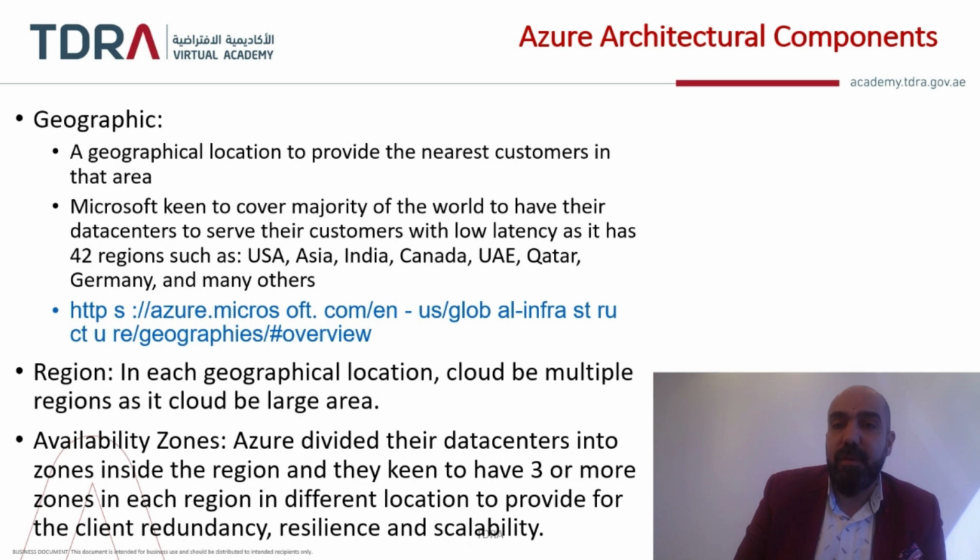It's a data center. They build 3 data centers for redundancy because of the risk. If one data center has a disaster, then automatically I'll have another one, and also another one. It's also for other purposes, and we will come to it in this course.